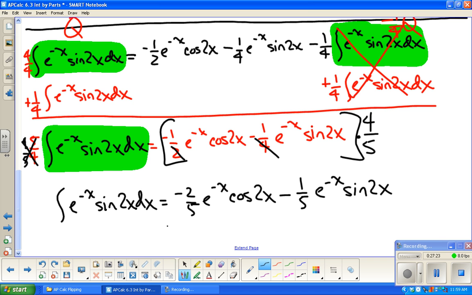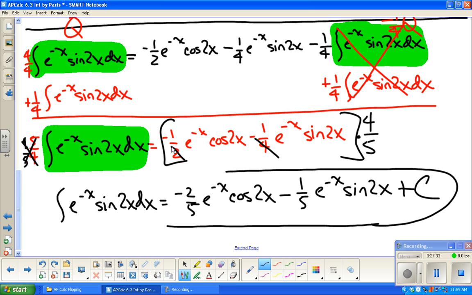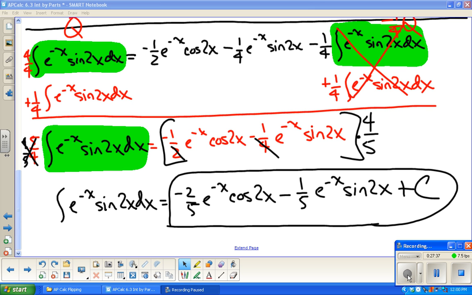And that is it. Oh, yep, I caught myself. Whew, so far I've been doing well, plus C. Now if there were limits of integration on this, we would have to go and substitute and all that kind of stuff. Okay, probably worth noting that you could have left the 4/5 on the outside and even factored out a negative e to the negative x or something like that, but this works.